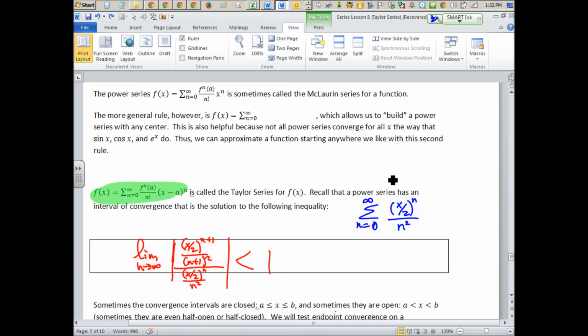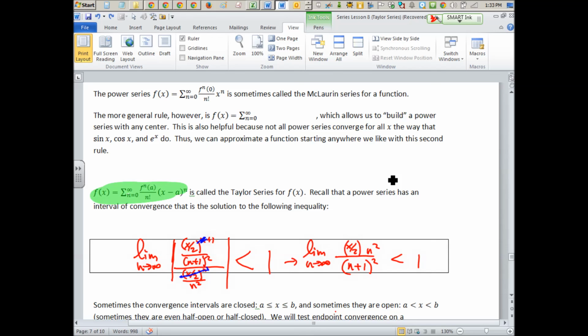And then usually this simplifies quite a bit. We've done a few examples of this already, warm-ups and stuff. But basically, all the (x/2)^n terms cancel out, and you're just left with an x over 2 on top. Then you're going to have an n squared on top and an (n plus 1) squared on the bottom.